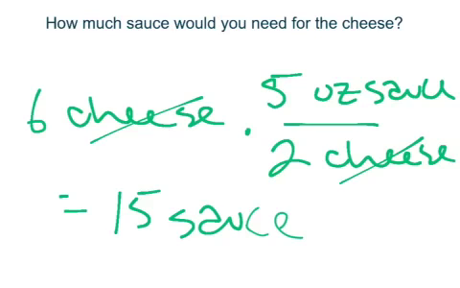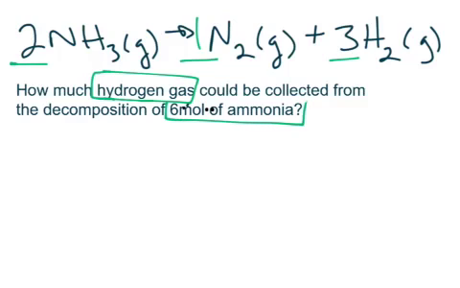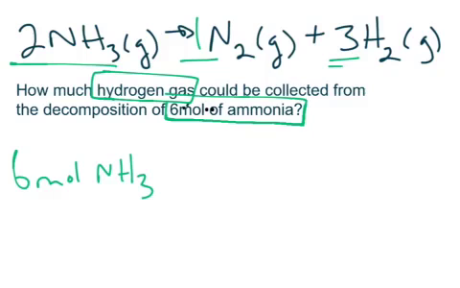Anyway, if we're actually using a real chemical reaction, our coefficients here are 2, an invisible 1, and a 3. So the questions are pretty much always set up the same way. They usually begin by stating what you're looking for, and then they end with what you're beginning with. So we know that we have 6 moles of NH3. The ratio of ammonia to hydrogen is 2 to 3.